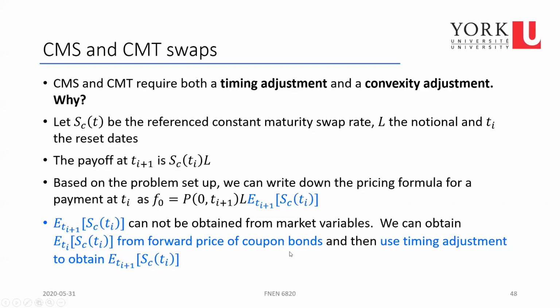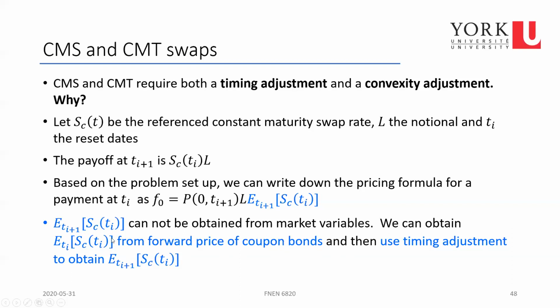Out of that, you can calculate the implied yield from the forward price. But you need to do a convexity adjustment to get this thing here.